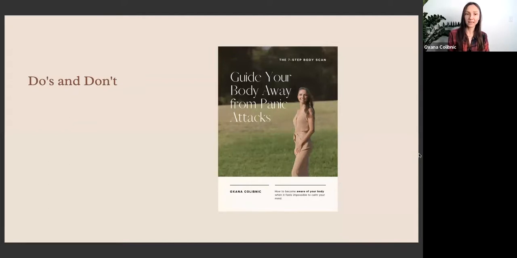There's hope, and there are things you can do to stop a panic. And we can go deeper into this. But every one of you will get a guide that I put together. It's called Guide Your Body Away from Panic Attacks. And in this guide, I explain 7 steps that you can follow to even stop a panic attack.